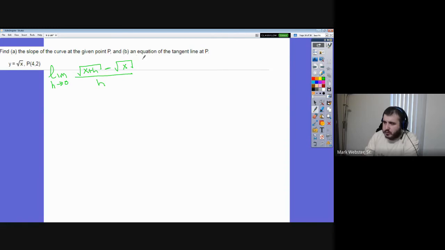So I'm going to multiply by square root of x plus h plus square root of x, like that, on top and on bottom.